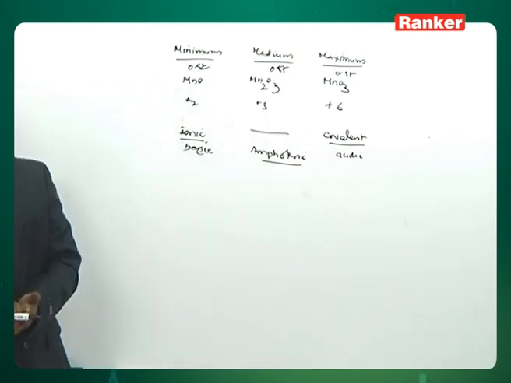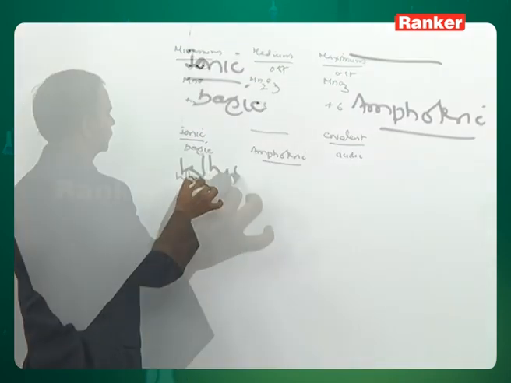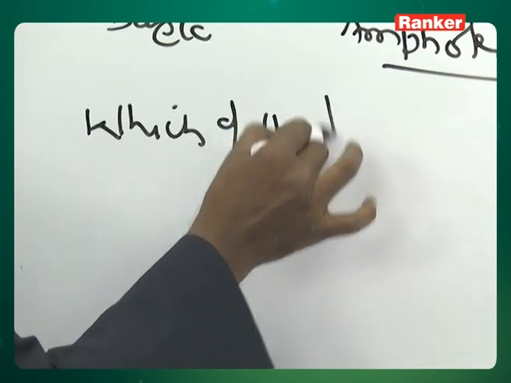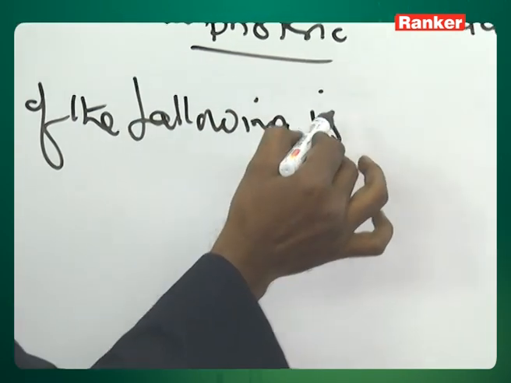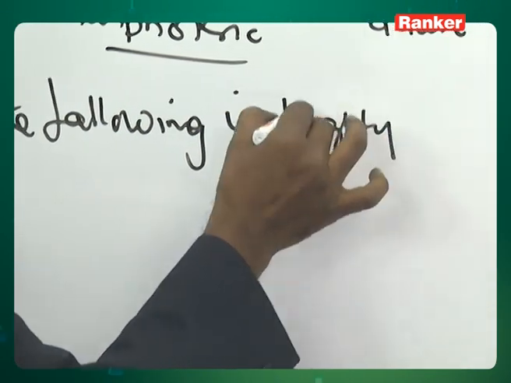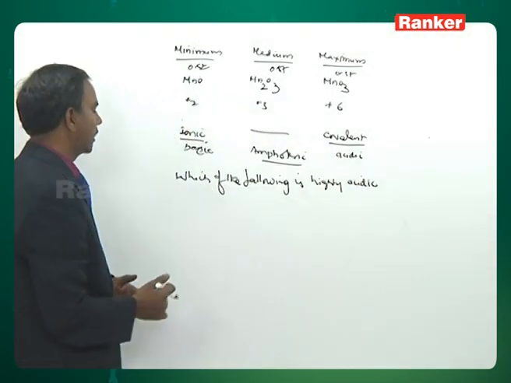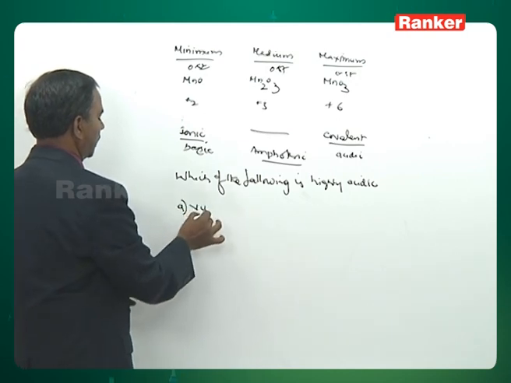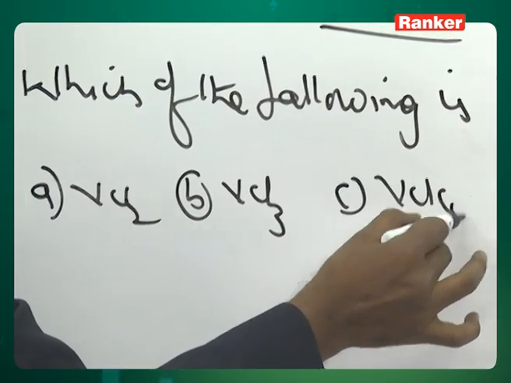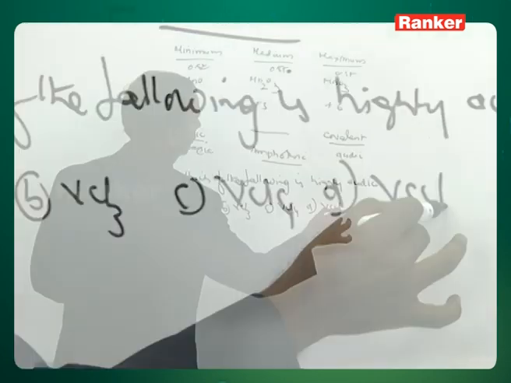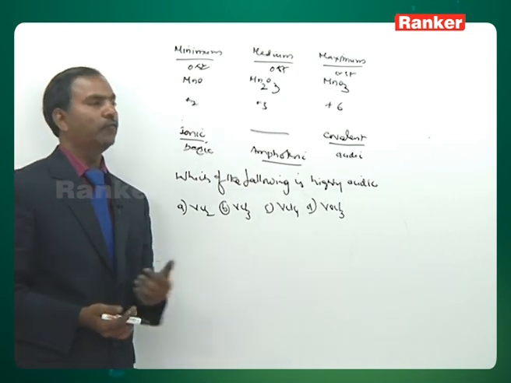How does the question appear in the examination, and how do you answer it? Which of the following is a highly acidic oxide? You are given VCl2, VCl3, VCl4 and VOCl3.